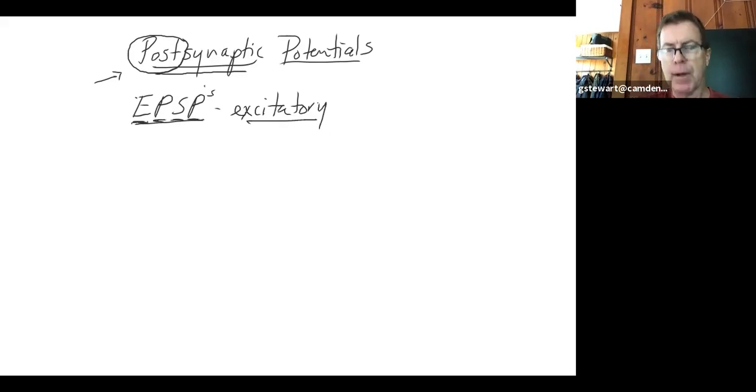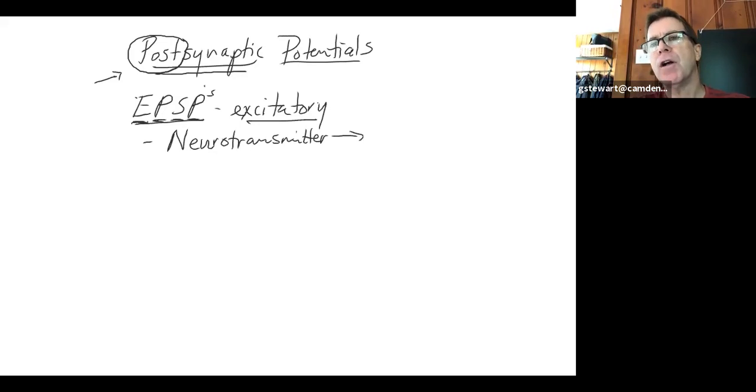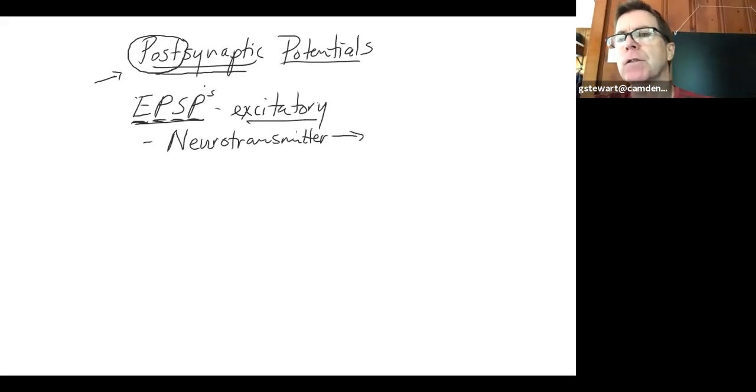And here's really what happens. Step 1, the neurotransmitter binds, and in EPSPs, excitatory responses, it causes depolarization. So it depolarizes the membrane of the receiving cell.